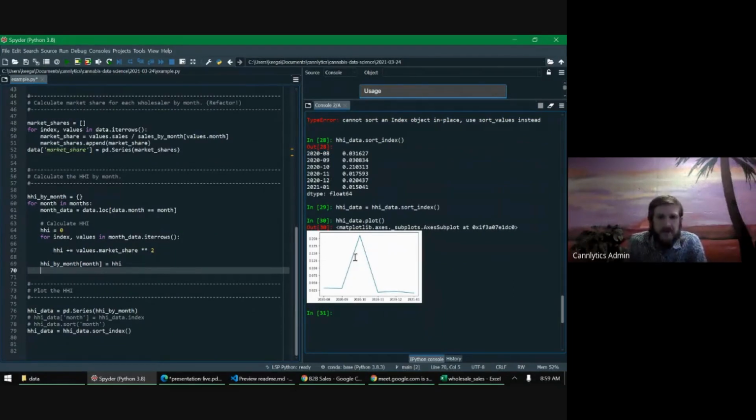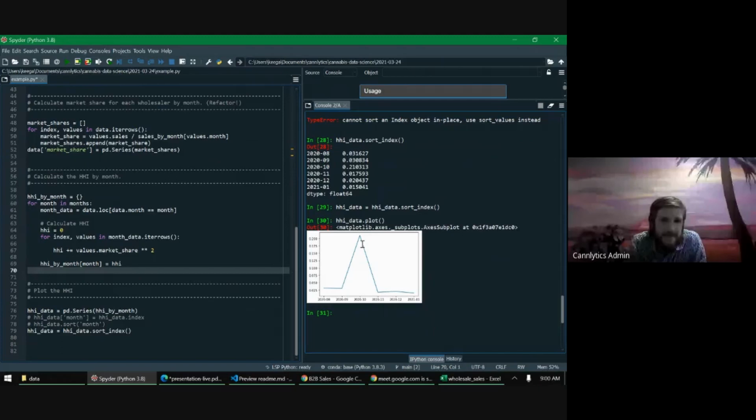So this is a complete data science exercise in 30 minutes. And our takeaway is, it looks like the market concentration is relatively constant and perhaps even decreasing, except for this quite noticeable spike in October of 2020, where there was a sharp decrease in market competitiveness.